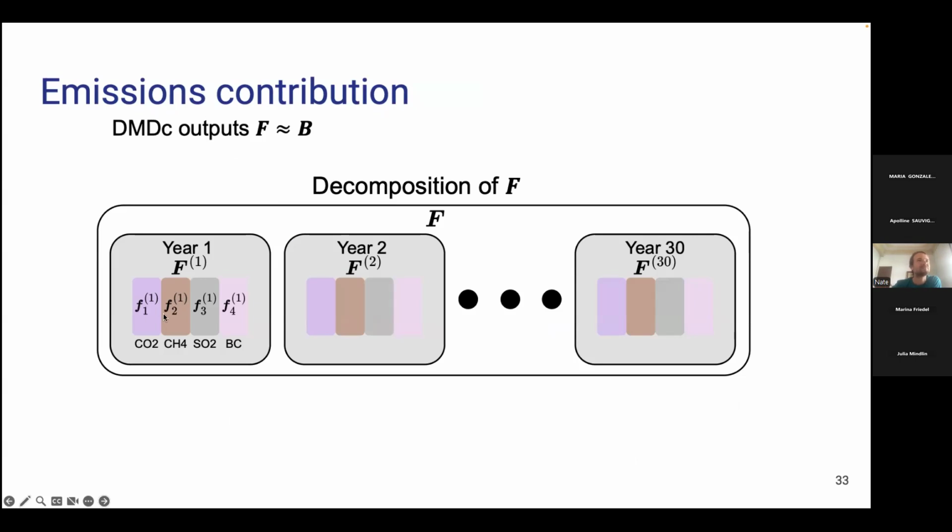I'm sure there are better ways, but you can think of F as one big matrix, and you can decompose its columns. The first column is the spatial pattern associated with the contribution of carbon dioxide from 1 year before the predicted year. And then you can look at carbon monoxide, sulfur dioxide, and black carbon.